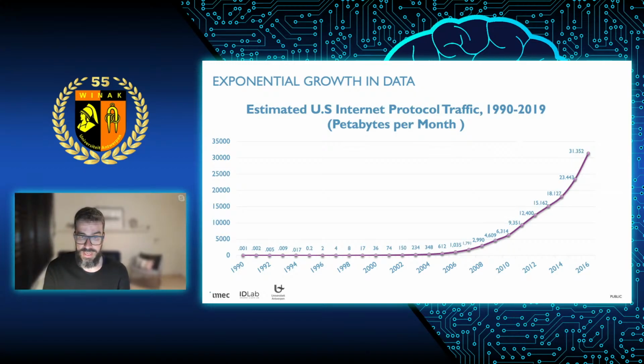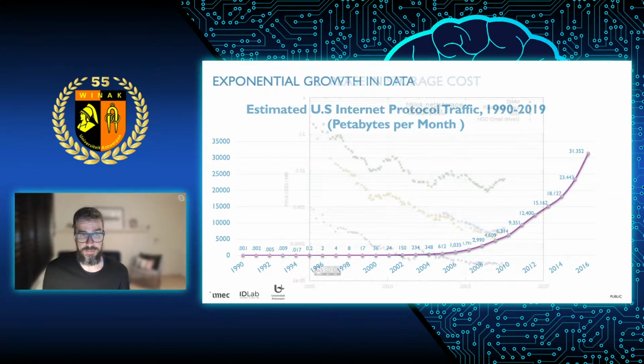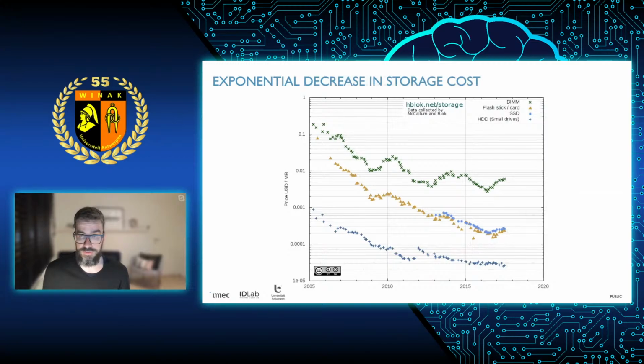And the third thing is the exponential decrease in storage cost. It's one thing to generate all this data, but it's another thing to make sure that this data can be stored.